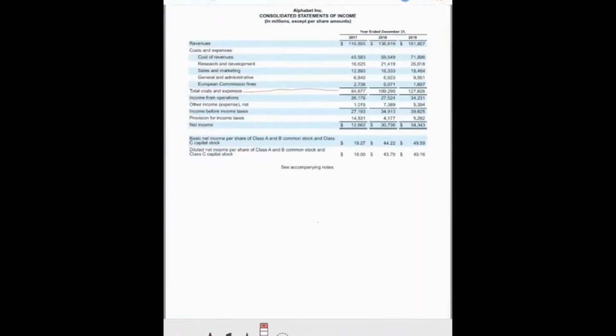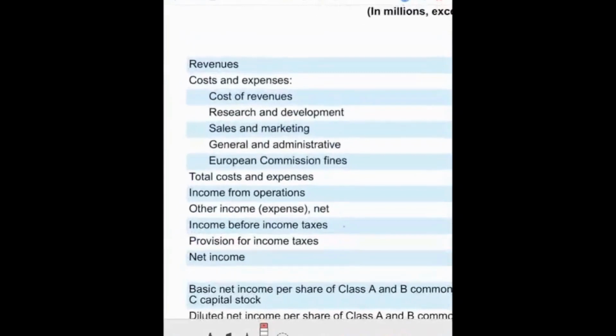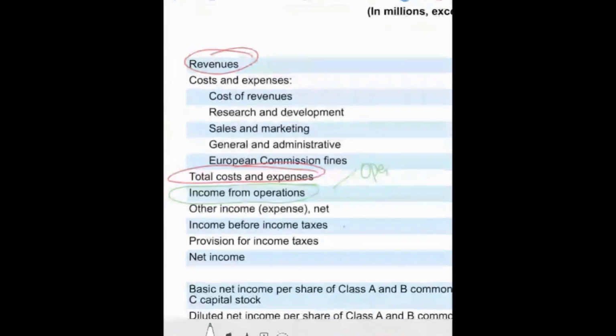After you take the revenue minus the total expense, you'll get this thing called income from operation. There are a few words for this segment. Sometimes people call it operating profit, or sometimes people call it EBIT.